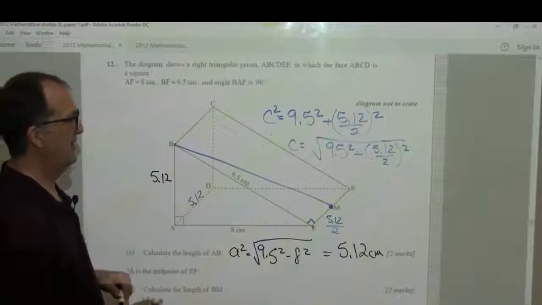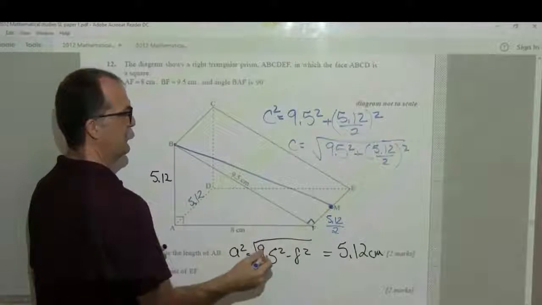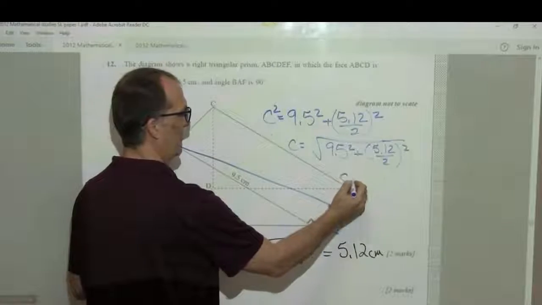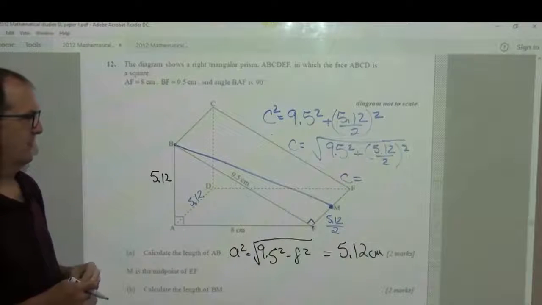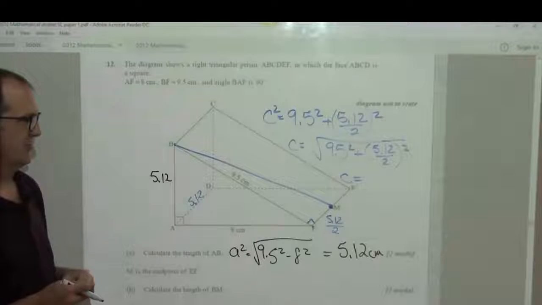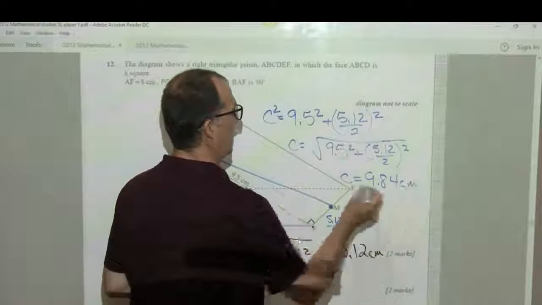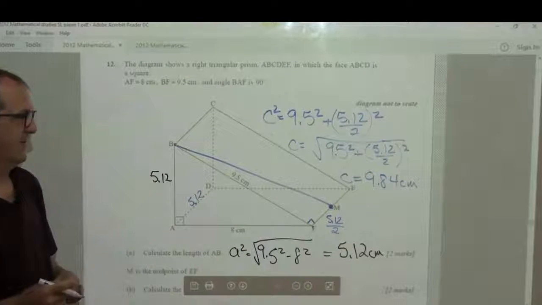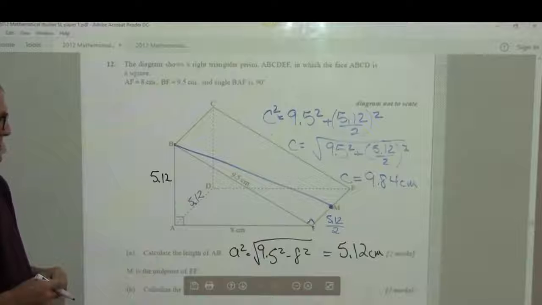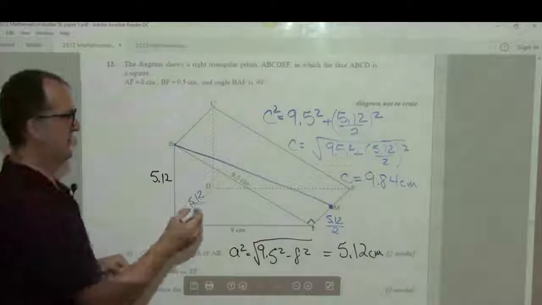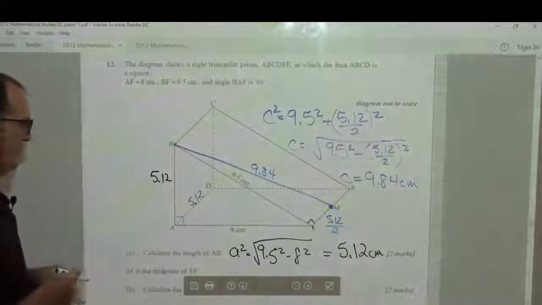It'd probably be wisest to figure all this out and then square root that answer. When we've worked that out, we find that c is equal to 9.84. Again, that's three significant figures. So now I know that this length is 9.84.